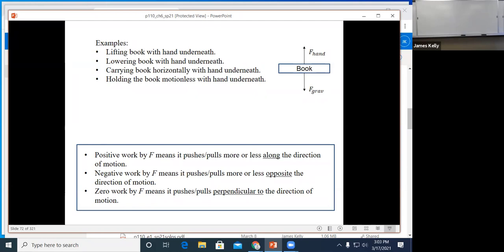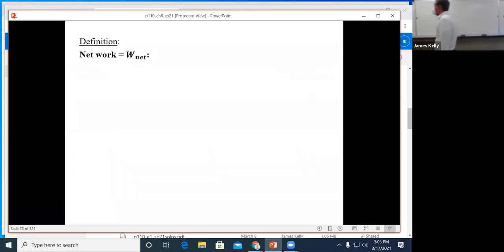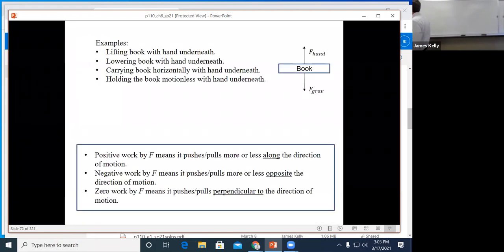Even if I'm just partially pulling back in that direction with the string as it moves in this direction, that would be negative work. And 0 work corresponds to when a force pushes or pulls perpendicular to the direction of the displacement between initial and final. So we were practicing with that at the end.